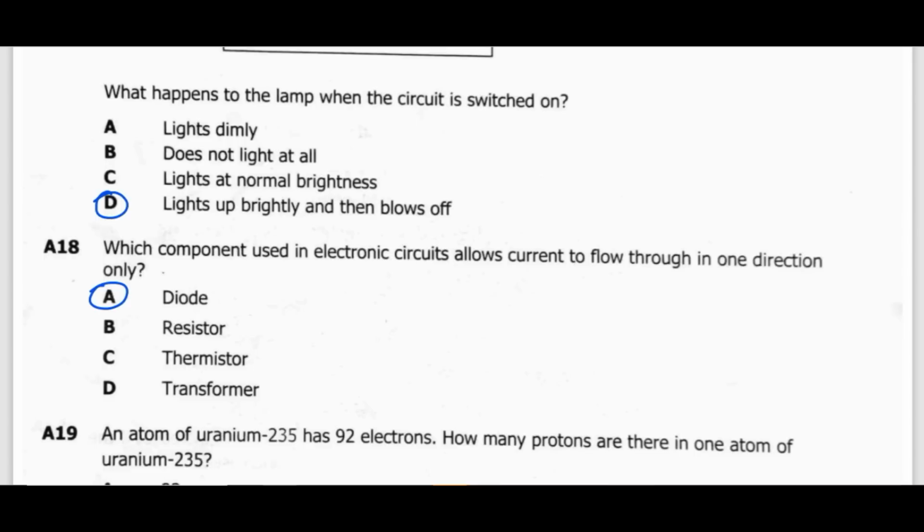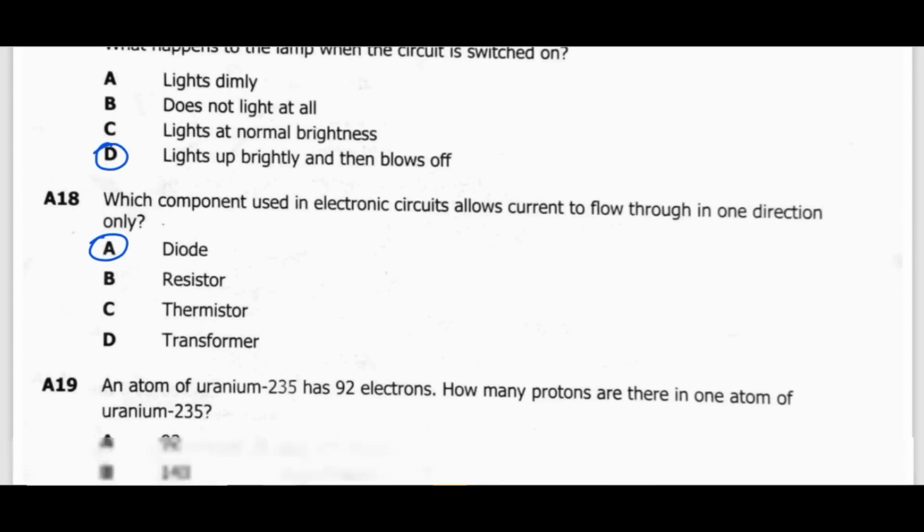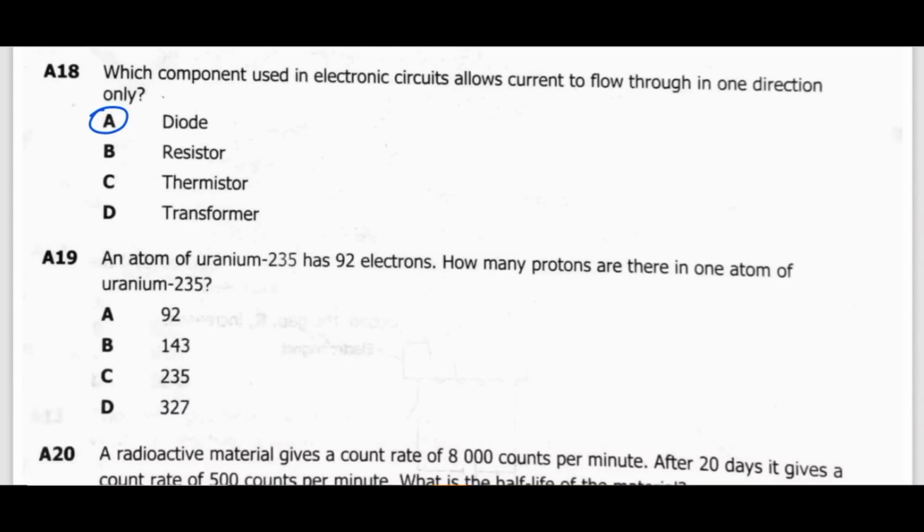Let us move to 19. An atom of uranium 235 has 92 electrons. How many protons are there in one atom of uranium?